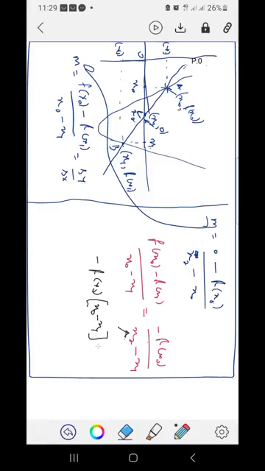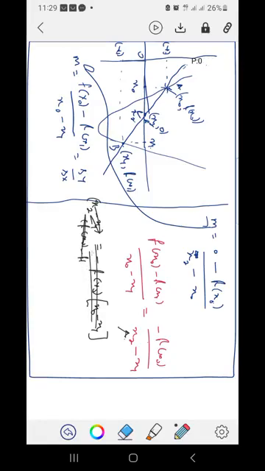I think I can squeeze it on the other side. Equals x2 minus x1 times fx naught minus f. Oof, this is messy.